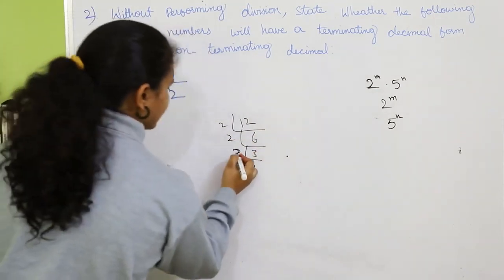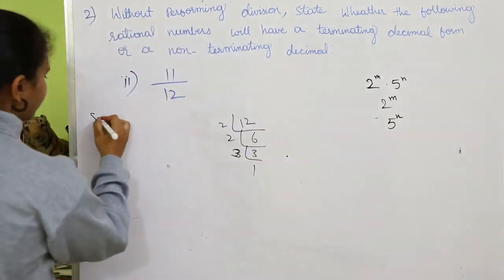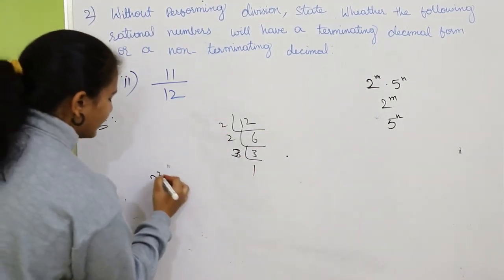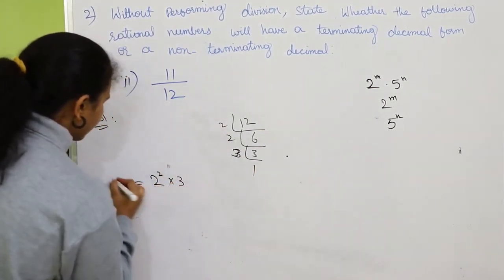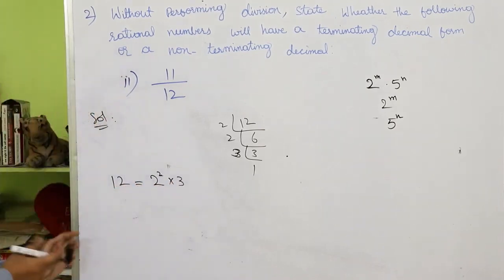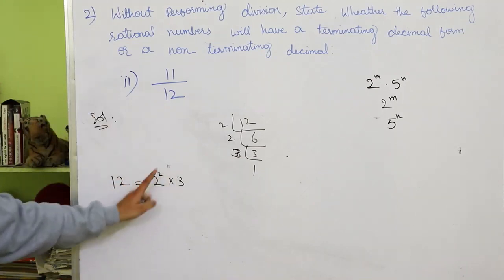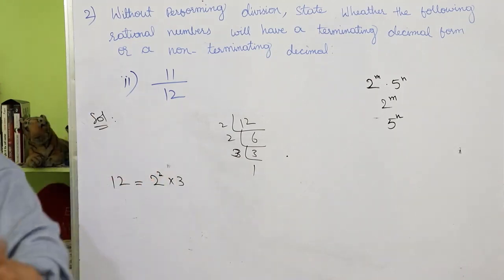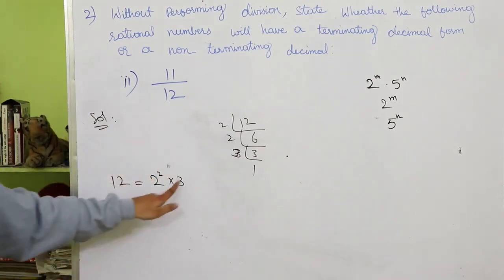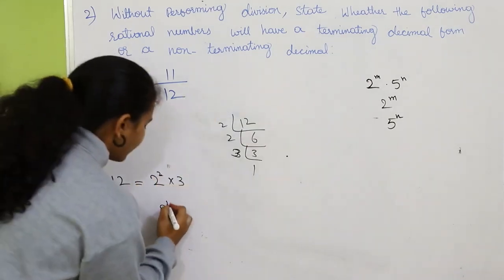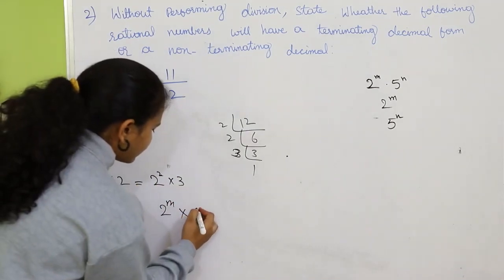So this is in the form of 2 square into 3, because 2 square is 4, 4 3s are 12. So 2 square is in the form of 2 power m, and this is in the form of 2 power m into 3 power n.